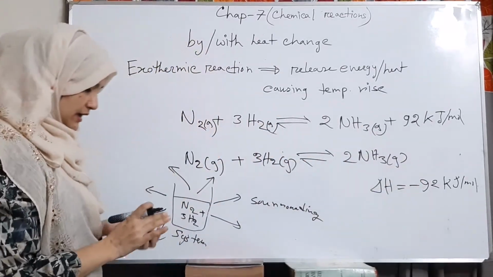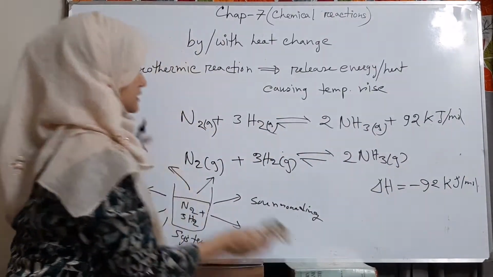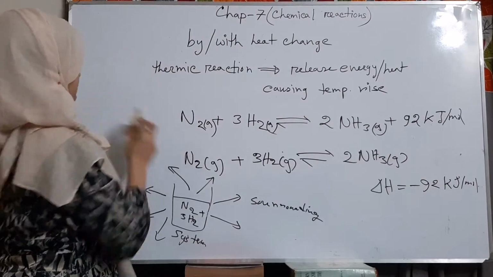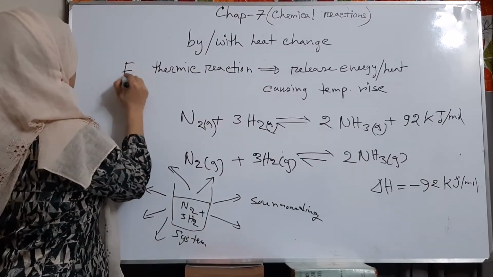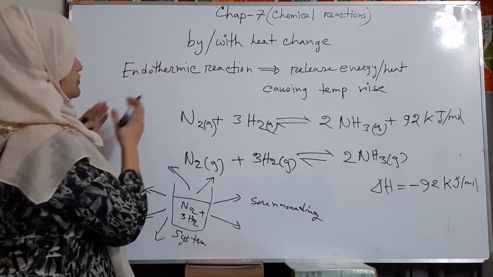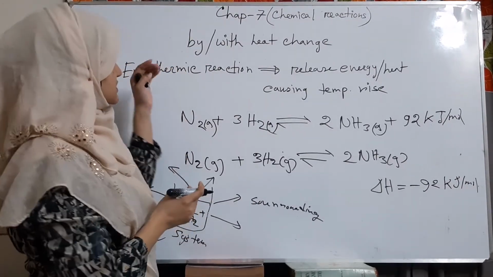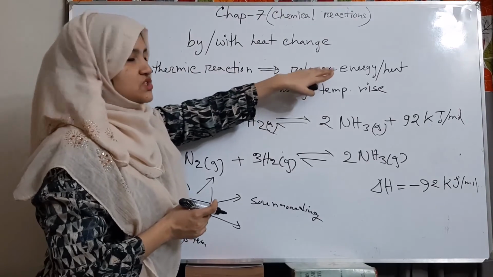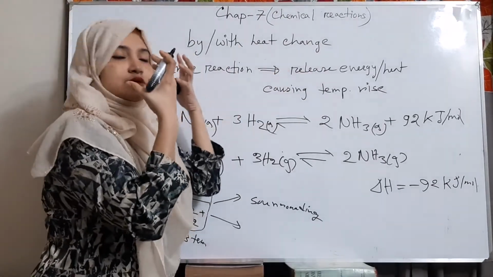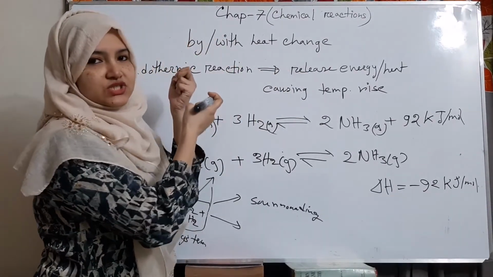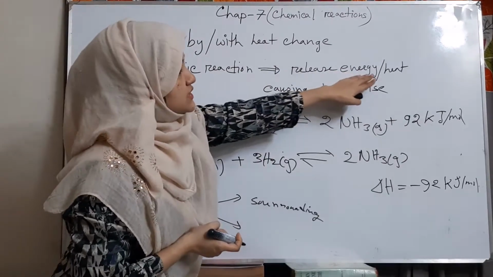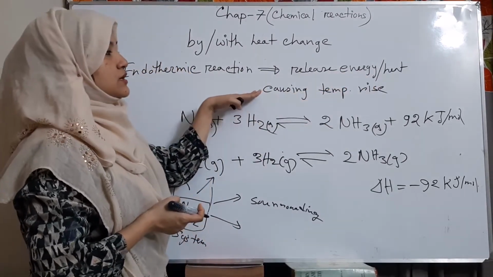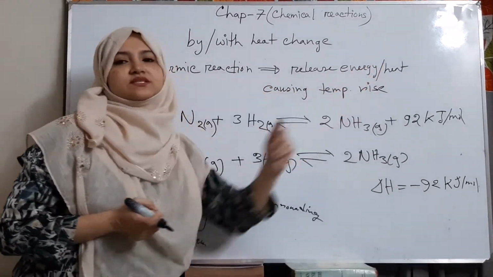Now the endothermic reaction. What will be the definition of an endothermic reaction? The endothermic reaction is one which absorbs energy or heat, causing a temperature drop in the surroundings.